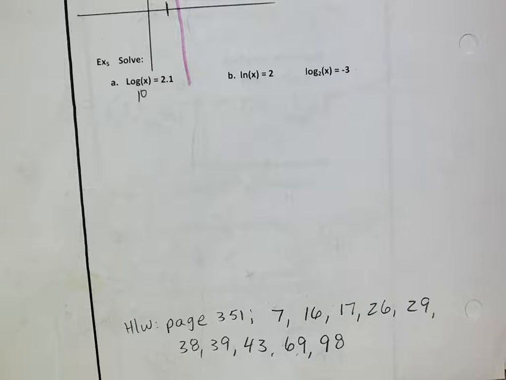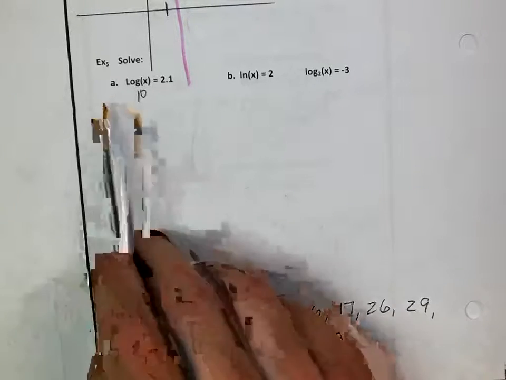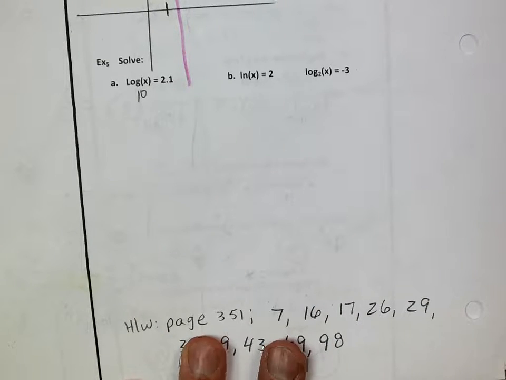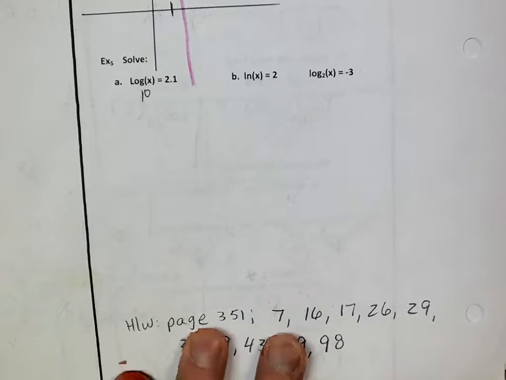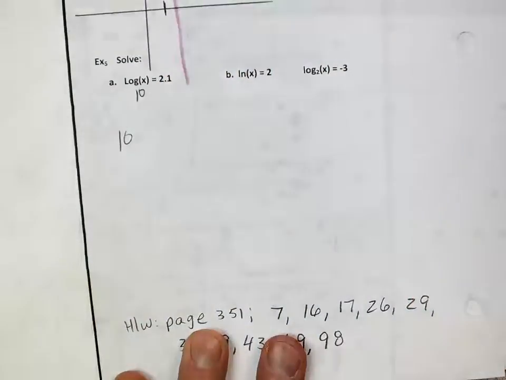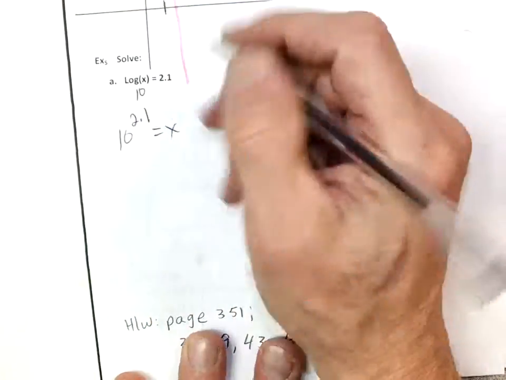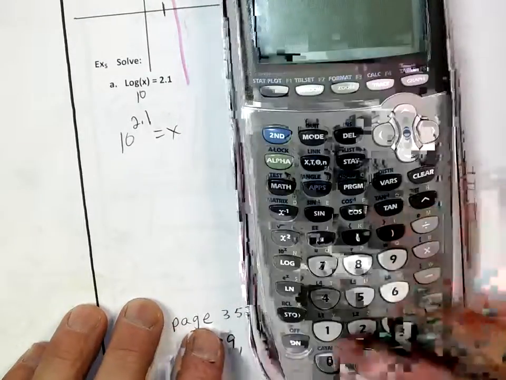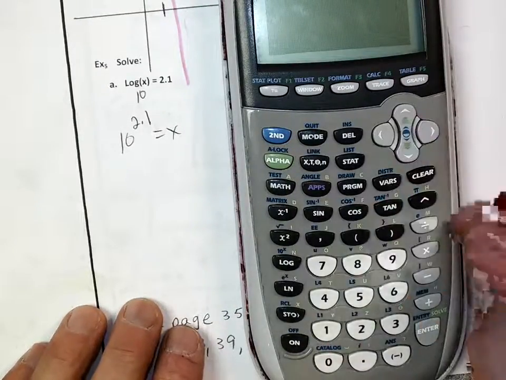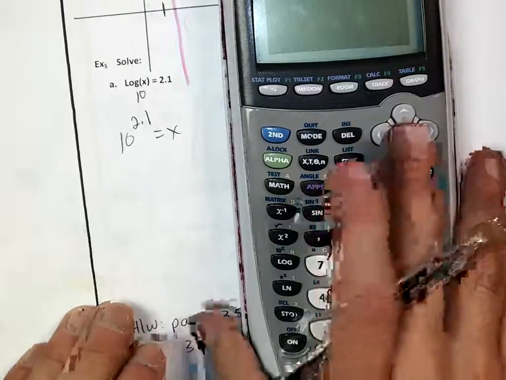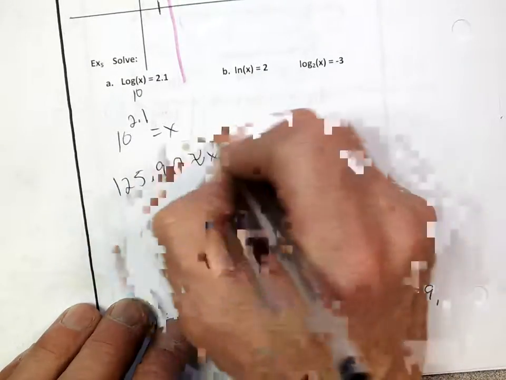How could you rewrite this? How can you go from there to there? 10 to the 2.1 equals x. I think my calculator will do that. I can go 10 to the 2.1, and I get an answer about 125.9. Approximately equals x, okay?